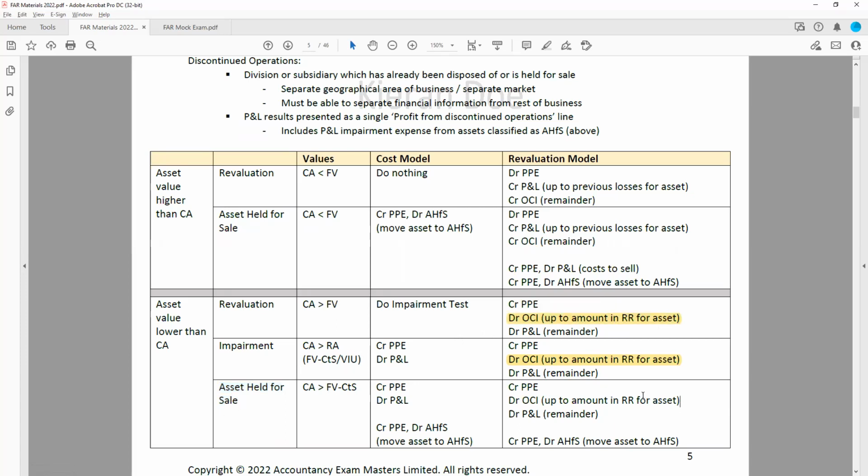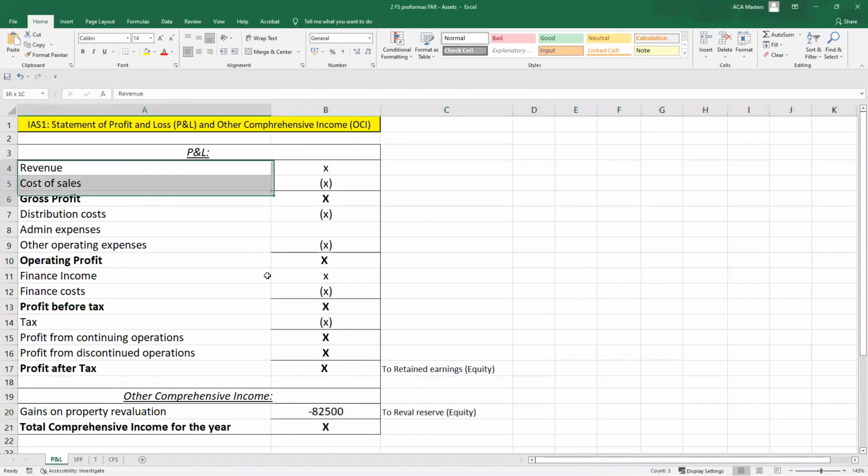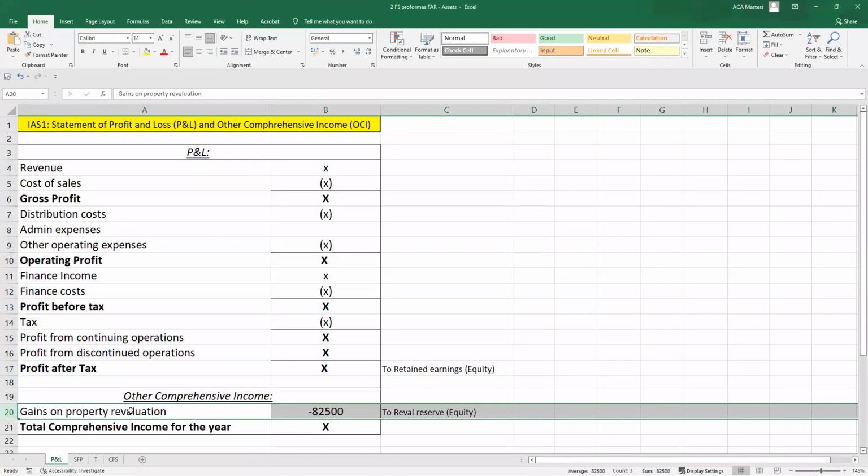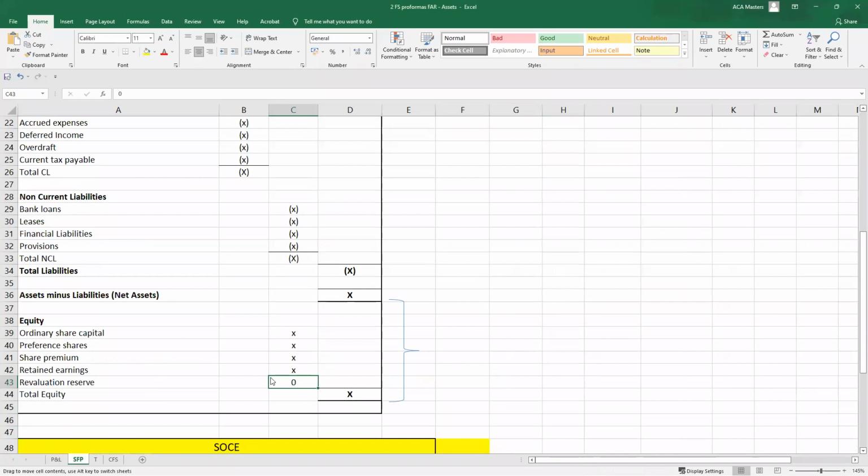So you can appreciate the consistency here, and actually there's a huge amount of overlap, and it's essentially the same accounting treatment. Assets gone down in value, usually goes to the P&L, unless the asset has previously gone up in value, in which case it can go through the OCI first of all, to the extent there's an amount in the revaluation reserve.